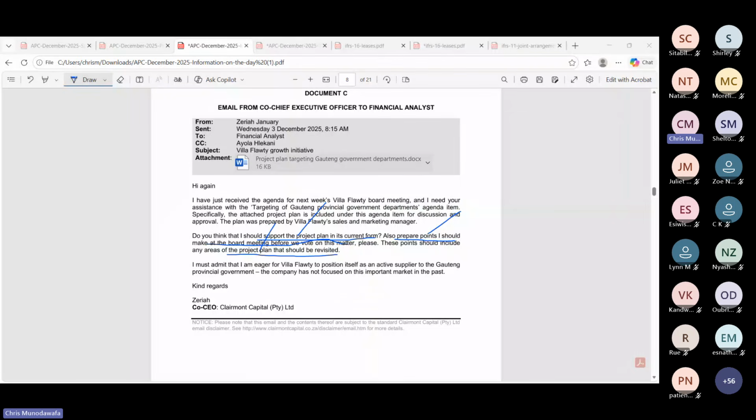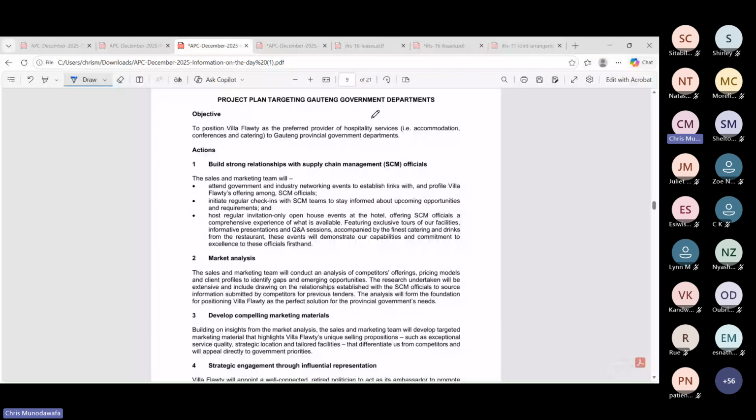So I have been given this project plan. As I'm going through the project plan, to position as the preferred provider of hospitality in Gauteng, build a strong relationship with supply chain management. The sales and marketing team will attend government and industry events to establish links and profile, and initiate regular check-ins with the team to stay informed about upcoming opportunities and requirements.